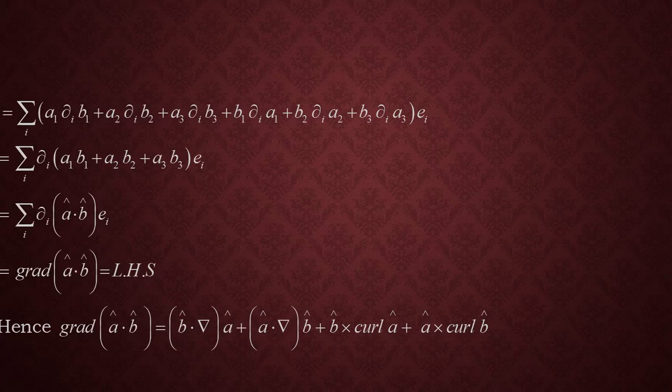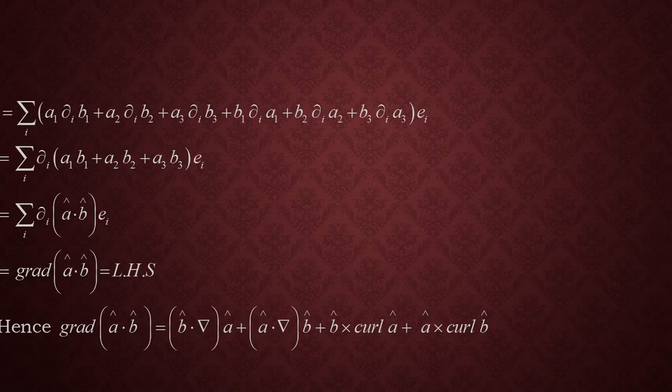Here A1 doi B1 plus B1 doi A1 can be written as doi of A1 B1. Similarly, A2 doi B2 plus B2 doi A2 can be written as doi of A2 B2, and A3 doi B3 plus B3 doi A3 can be written as doi of A3 B3.